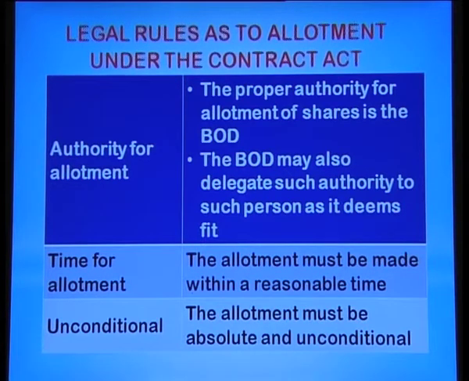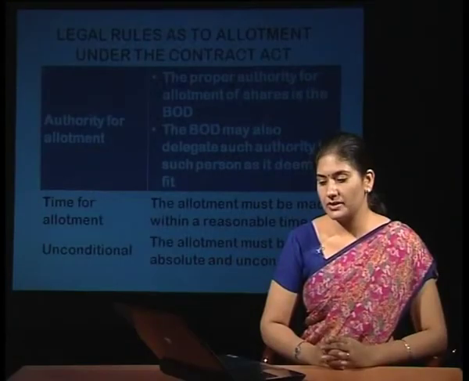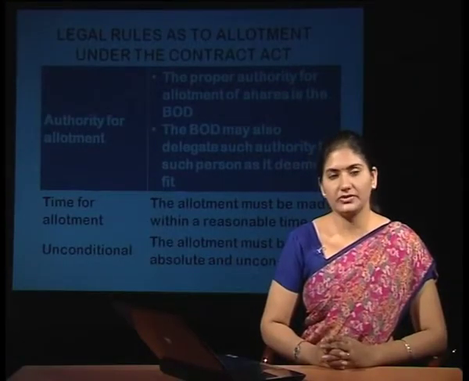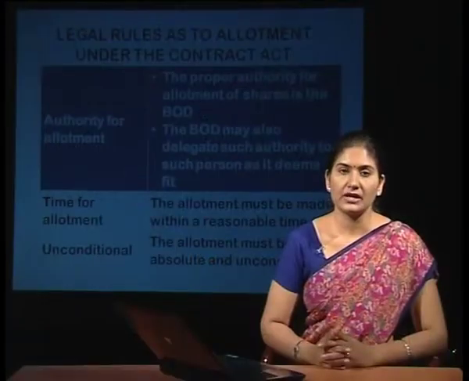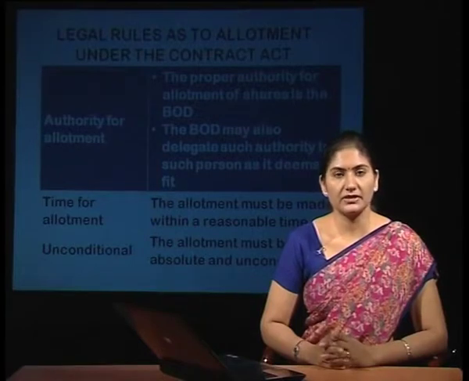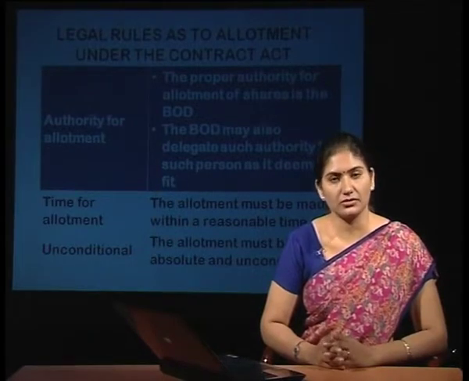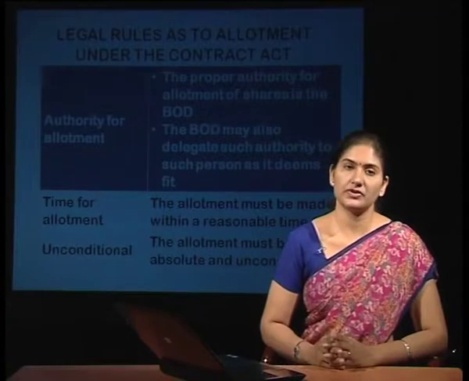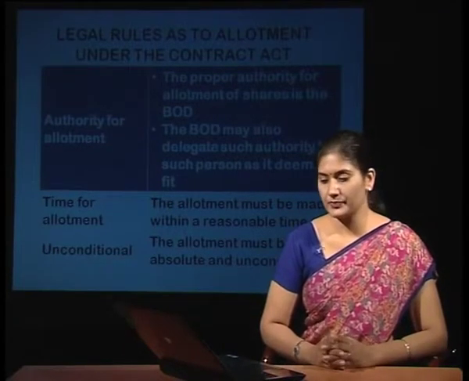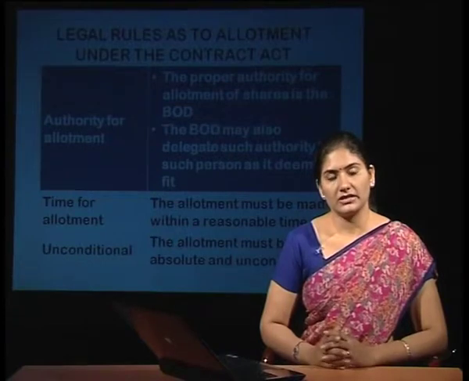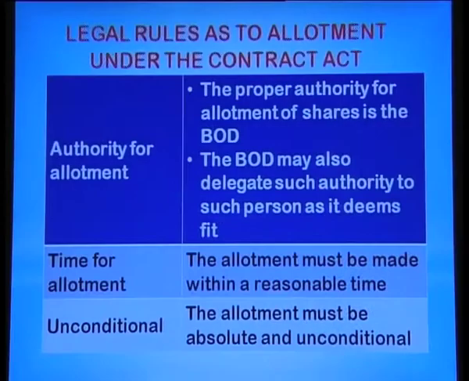The allotment must be made within a reasonable time. Now, this reasonable time is actually 30 days of the closure of the subscription list. After the subscription list is closed, a 30 days period is provided within which the allotment has to be finalized. The allotment must be absolute and unconditional.